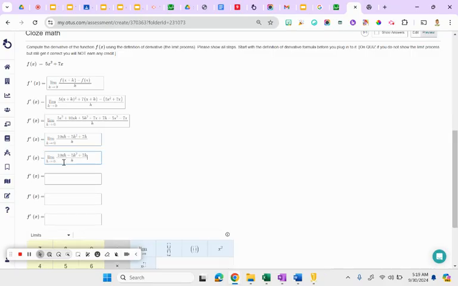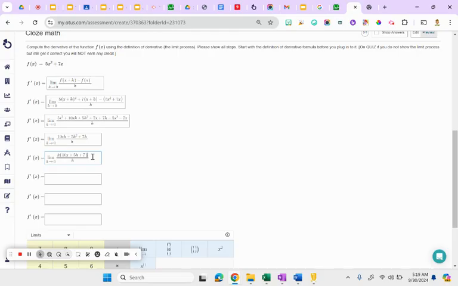Now I'm going to grab this again, copy it and paste it. The goal here, remember, is to get rid of that h in the denominator because that's what's causing trouble. I don't want 0 in the denominator, so I need to factor out an h. I'm going to take an h out of everything. So I'm going to write h, and open parentheses. I'm going to pull an h out of each term. Because that's a squared term, I'm going to pull the h out of that as well.